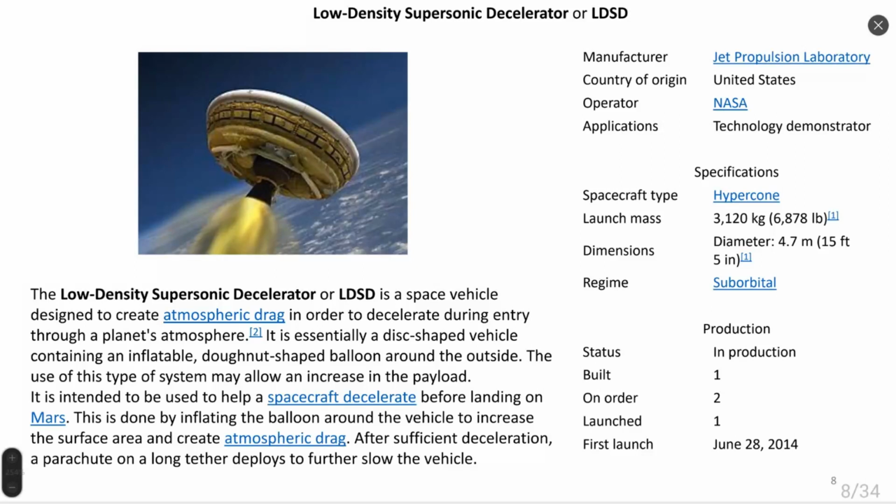You probably heard that the Mars atmosphere is approximately 100 times less dense than Earth's atmosphere. So density is low. So to decelerate in the Mars atmosphere, the area of the re-entry body should be significantly big.